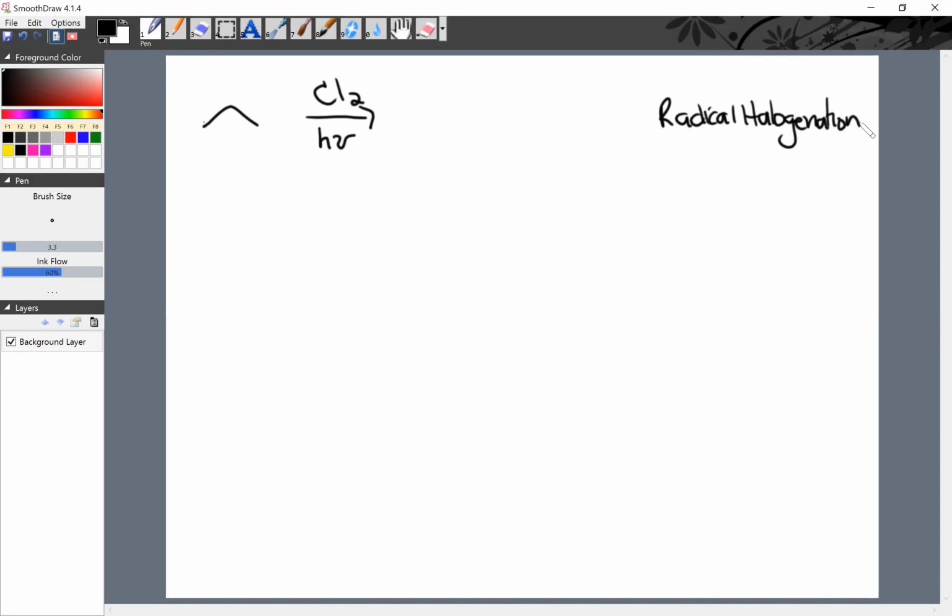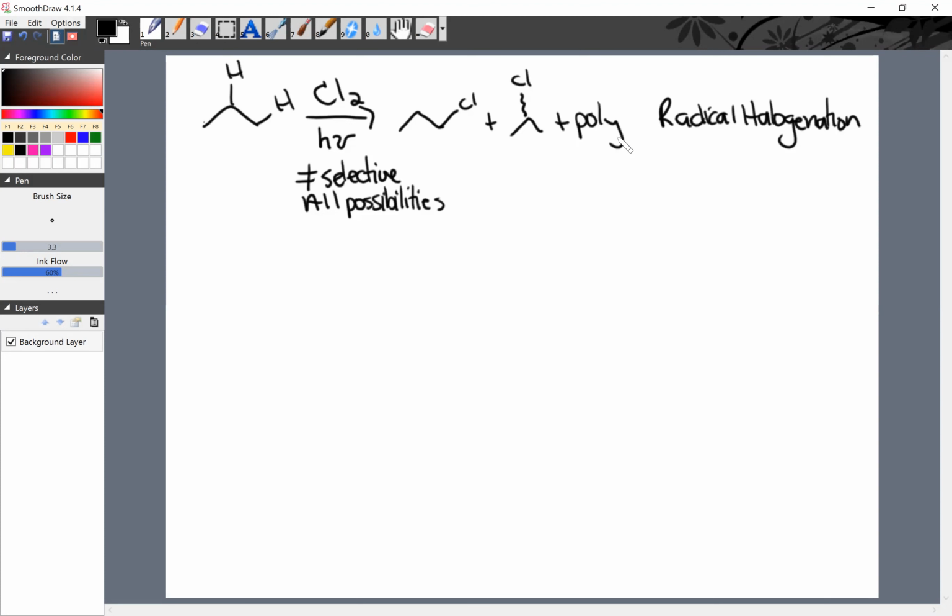Okay, radical halogenation. Chlorine is not selective, so it gives you all possibilities. So however many unique hydrogens there are, you're going to show me those products. And don't forget, you can get poly products from it.